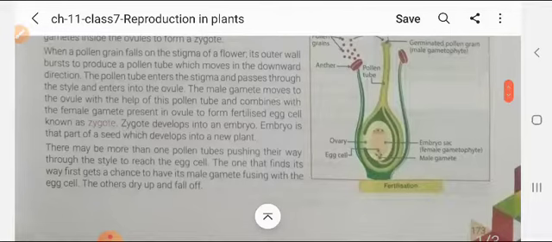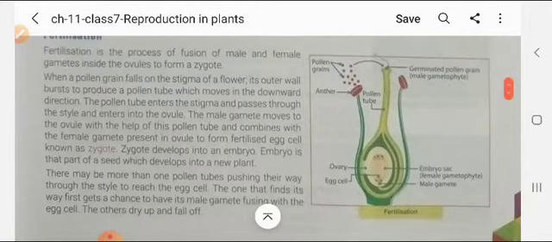The pollen tube enters the stigma, passes through the style, and enters the ovule. The male gamete moves to the ovule with the help of the pollen tube and combines with the female gamete present in the ovule to form a fertilized egg cell known as the zygote.